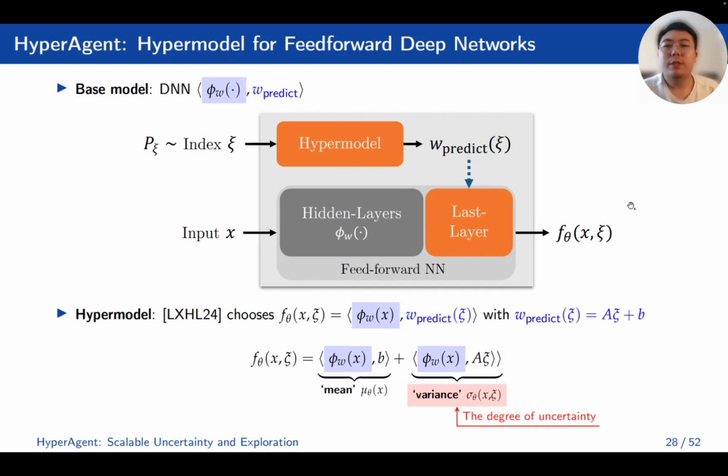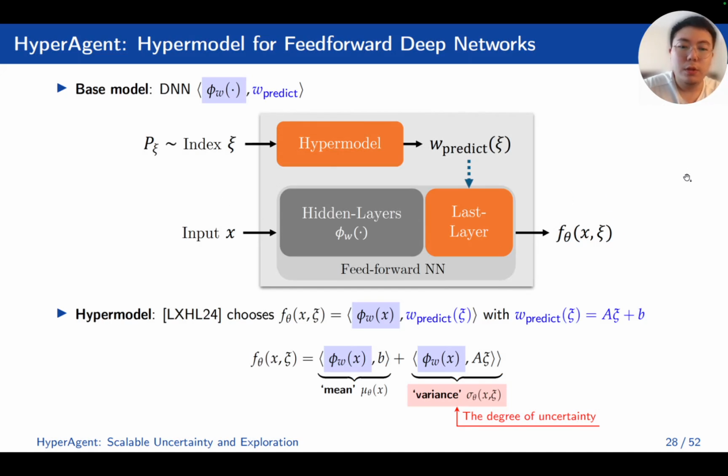So for deep RL or GPT-based uncertainty exploration, we take such a last-layer linear hypermodel, where the hypermodel takes the index as input and outputs a parameter of the last layer, and then it will process the input and output the value.